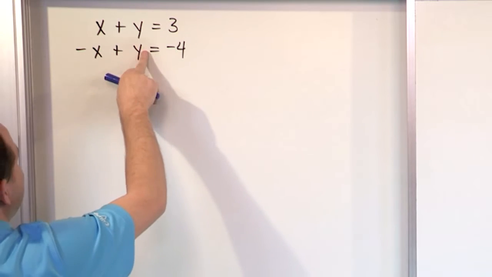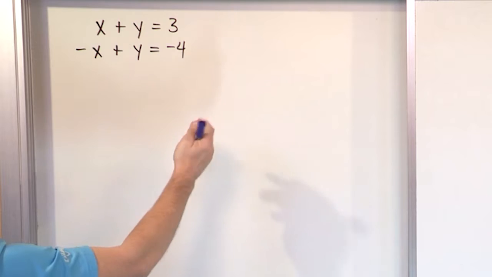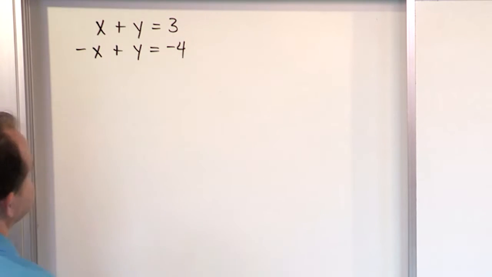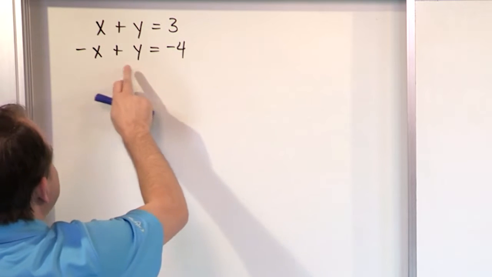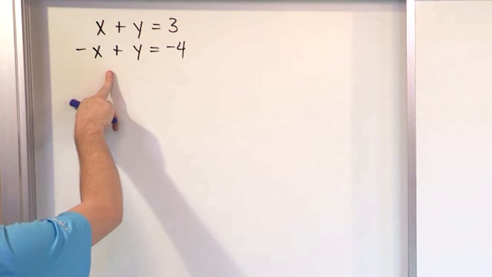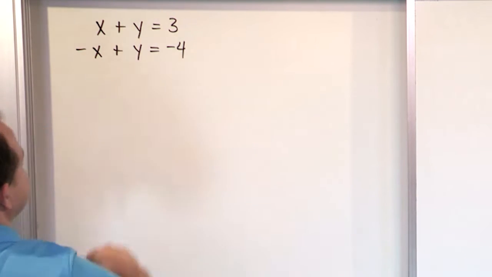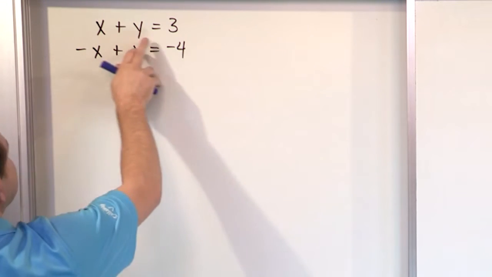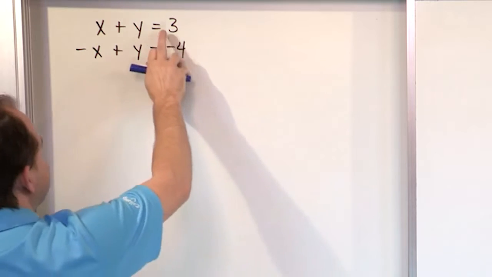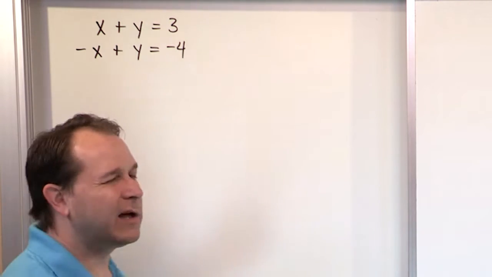I can add 5 to the left-hand side, no problem, as long as I also add 5 to the right-hand side. You agree with me so far. I can take the left-hand side and divide it by 69 or 72, as long as I also divide the right-hand side by the same number. Later on we'll talk about square roots. I can take the square root of the left-hand side, no problem, as long as I take the square root of the right-hand side. I can go on and on.